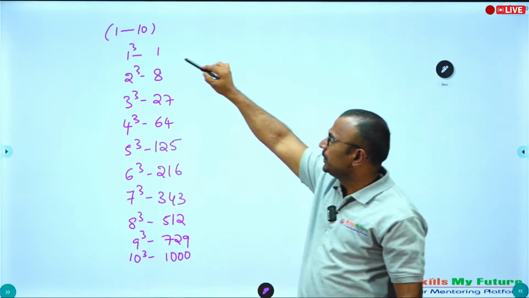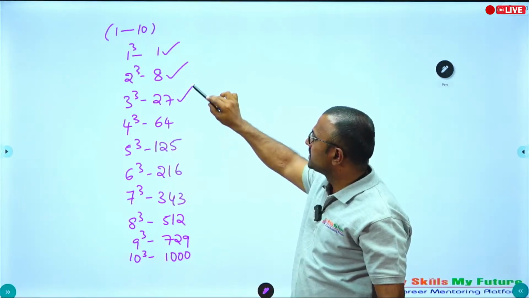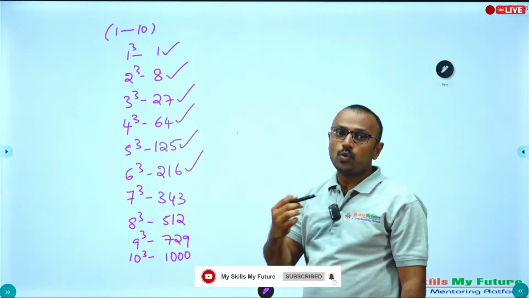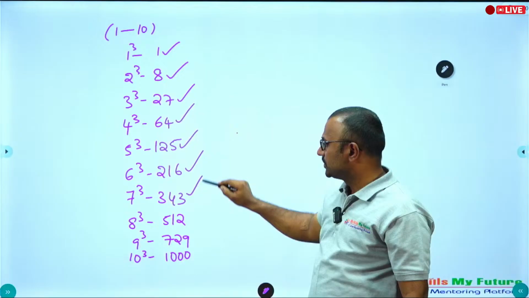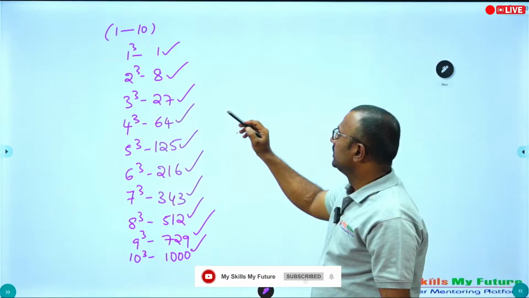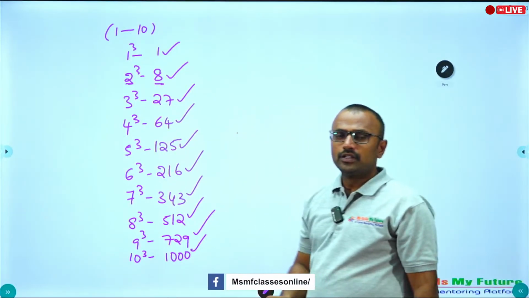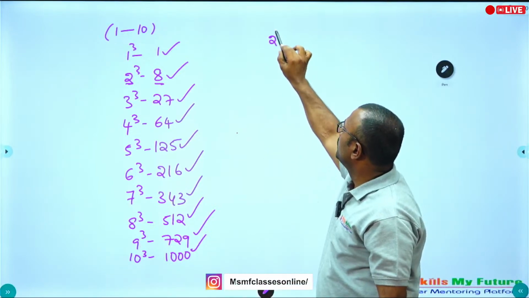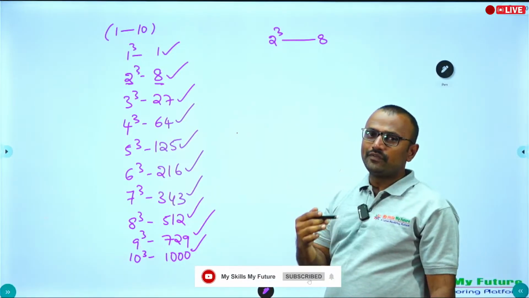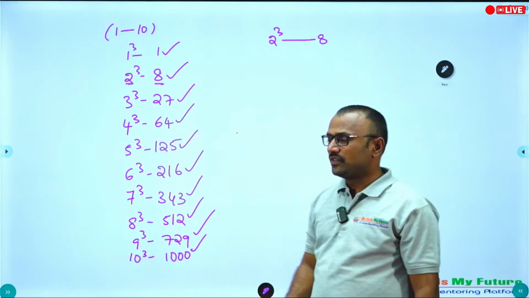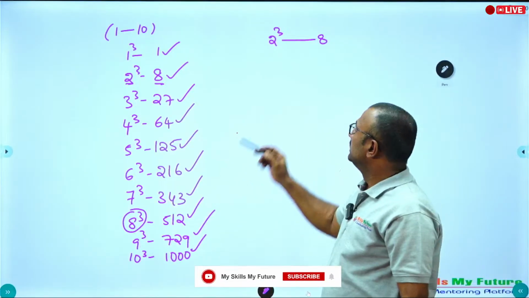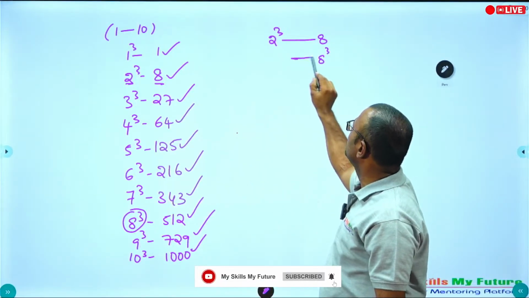So, 1 cube 1, 2 cube 8, 3 cube 27, 4 cube 64, 5 cube 125, 6 cube 216, 7 cube 343, 8 cube 512, 9 cube 729, and 10 cube 1000. Now, 2 cube ends with 8. The unit digit of 2 cube is 8, and the unit digit of 8 cube is 2.